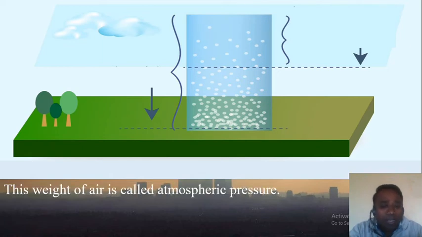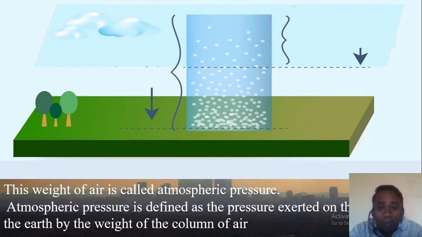Now, pressure is the weight of air. So we define atmospheric pressure as the pressure exerted on the surface of Earth by the weight of an air column. Anyway, we define pressure as force per unit area.